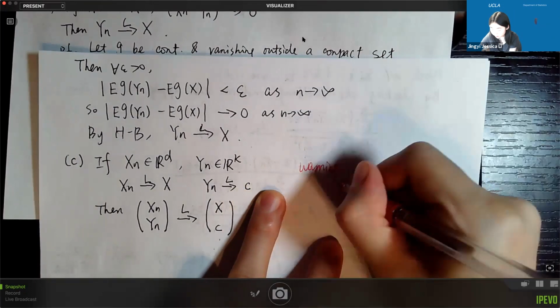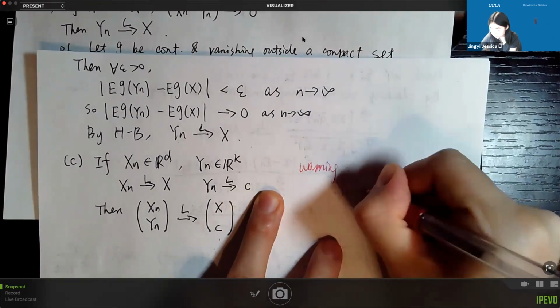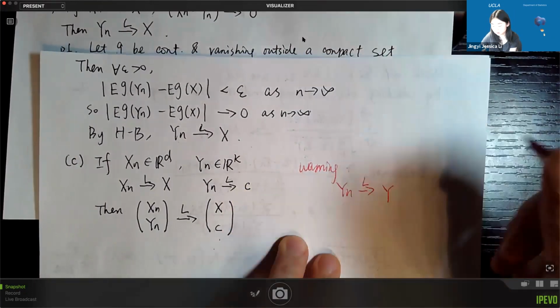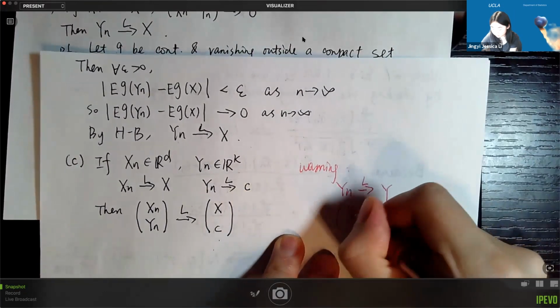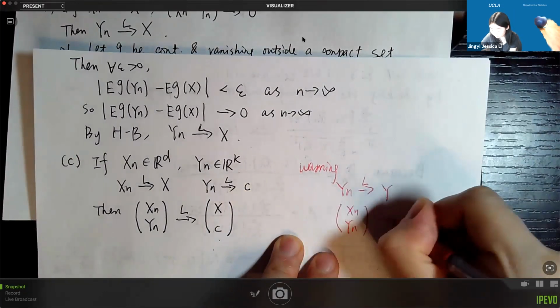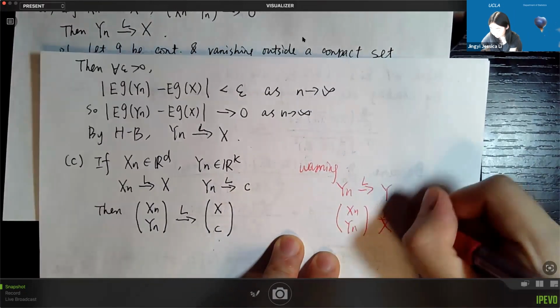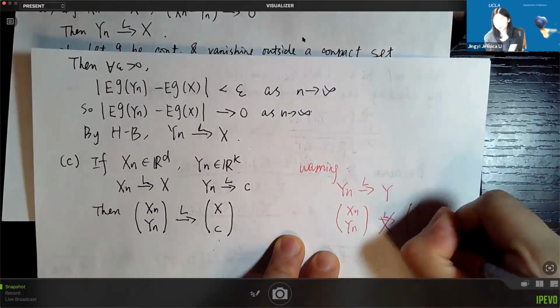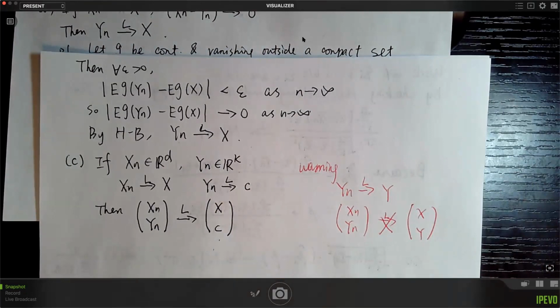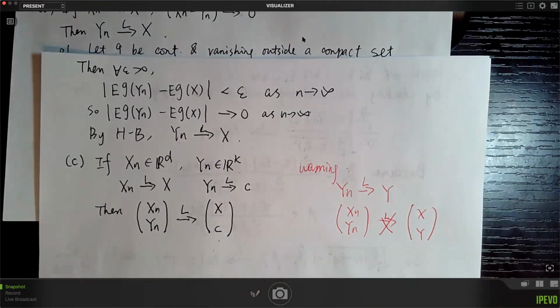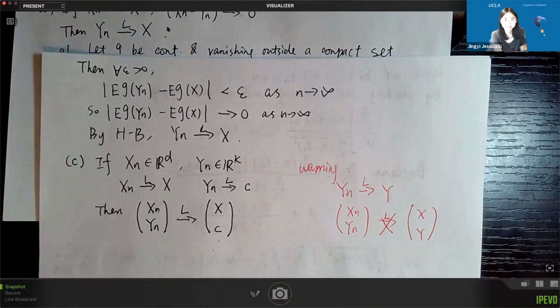So if we have Yn converge to a random vector L in law, then we cannot simply do the stacking. This is wrong. Is there a simple counterexample for this? I think many of you are in a hurry.